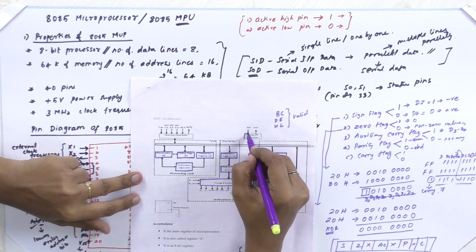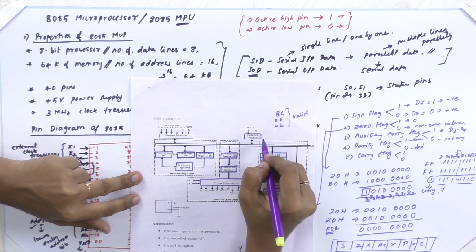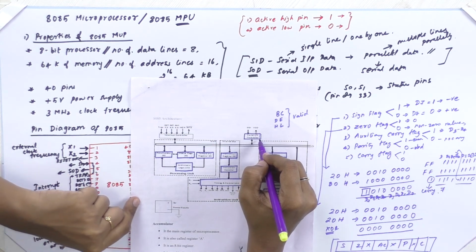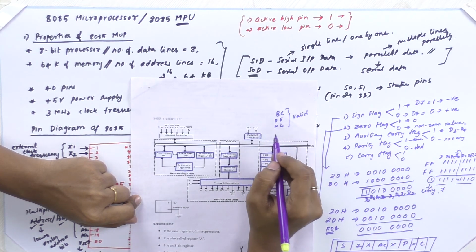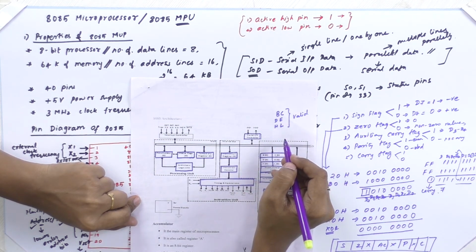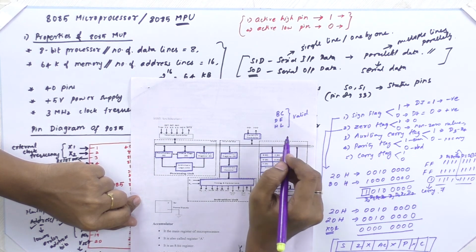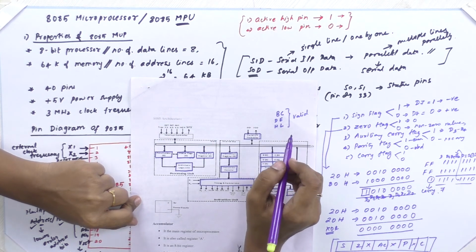Next is the serial I/O controller unit. This control unit is responsible for converting serial data to parallel data and parallel data to serial data. The processor is capable of processing only parallel data.